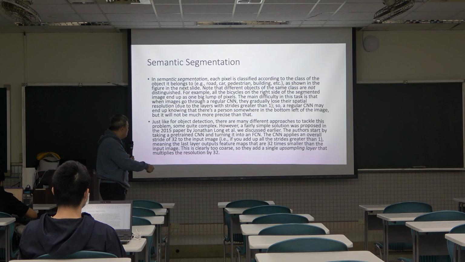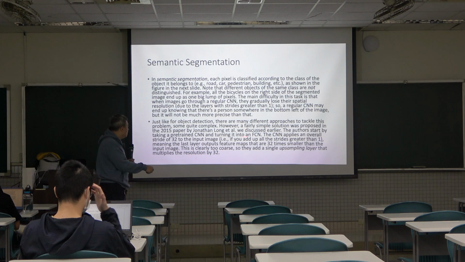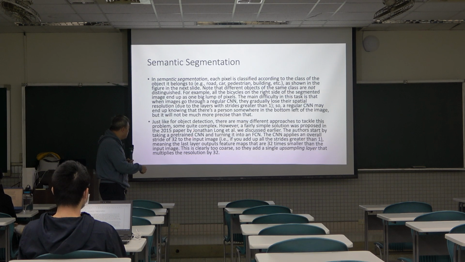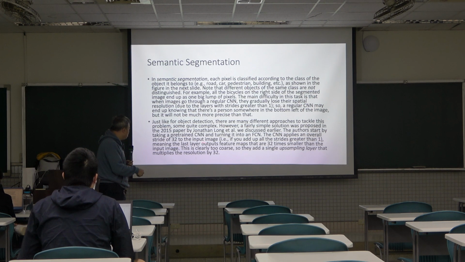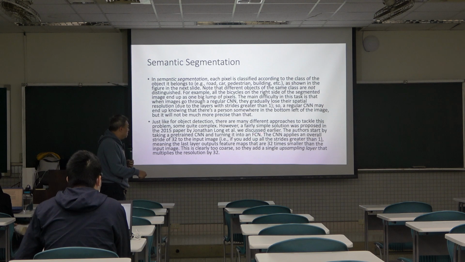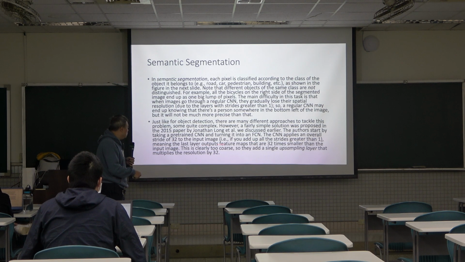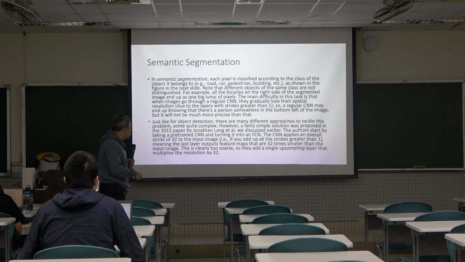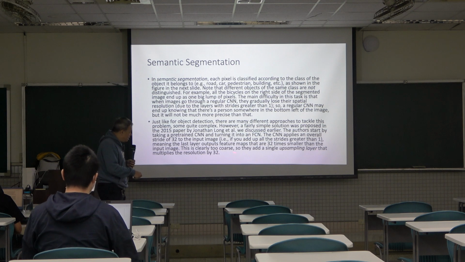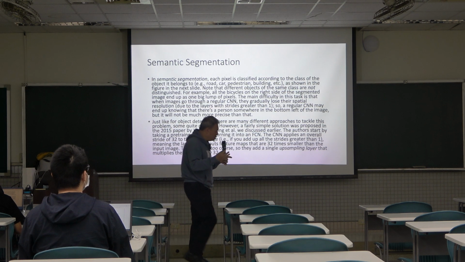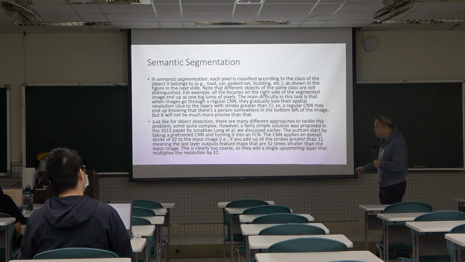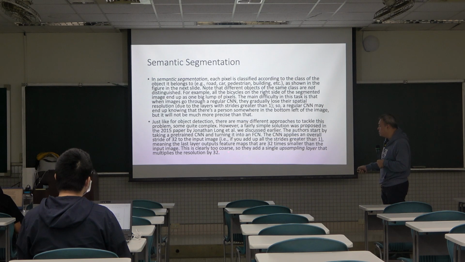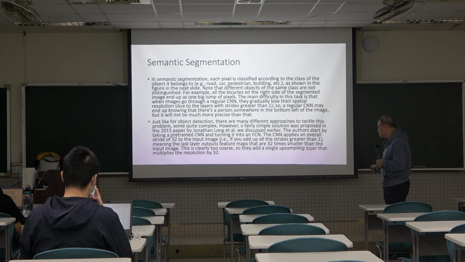He used an FCN, pre-trained the CNN and then turned it into the FCN, and then applied an overall stride of 32 to the input image. Then it has to stretch it back, multiplying the resolution by 32 times, back to the original image size. So basically, what do they do? They use an upsampling layer to do that.